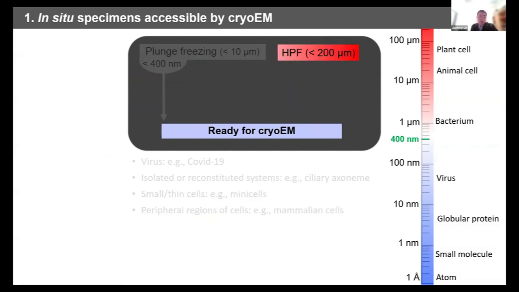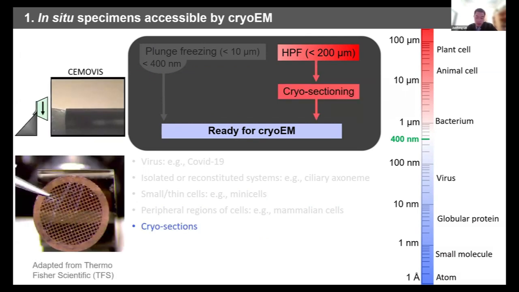So for thick samples, even up to 200 micrometers, you need to use other techniques. For example, people in the older days liked to use a cryo-sectioning method. This method uses a diamond knife to cut the samples slice by slice, and then mounts the samples on the EM grid and transfers them into a cryo-electron microscope to do cryo-electron tomography.